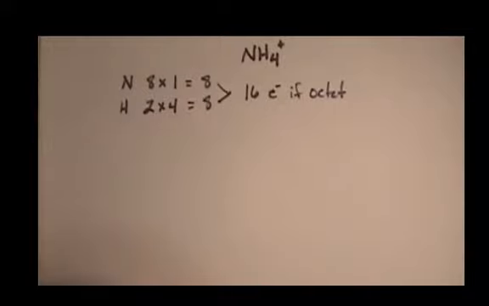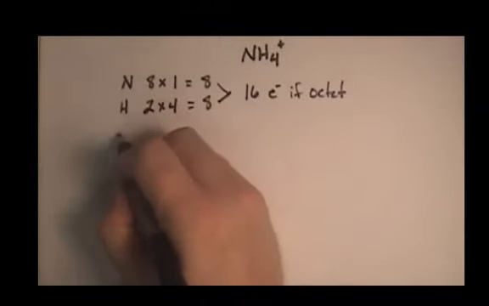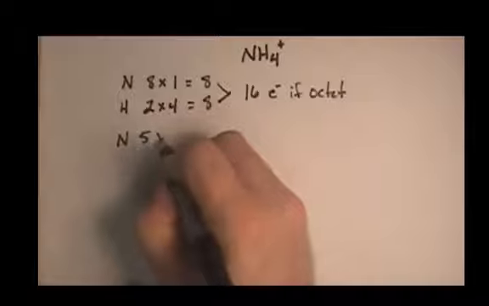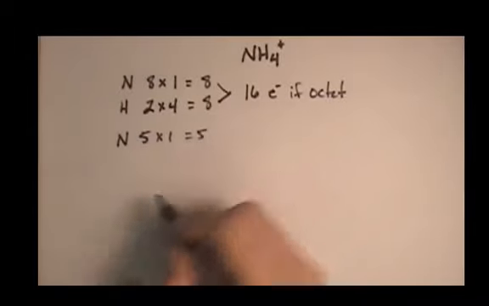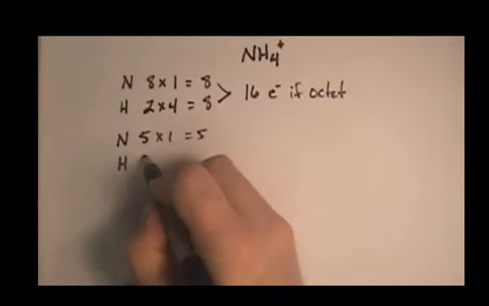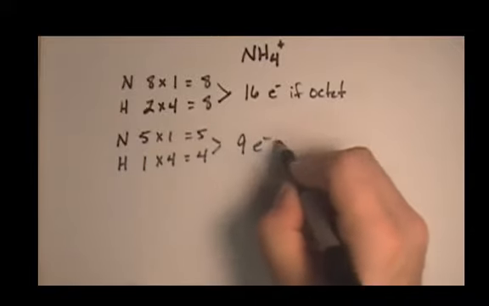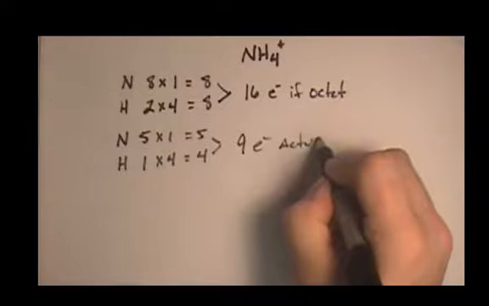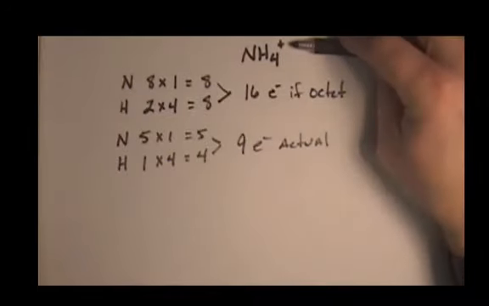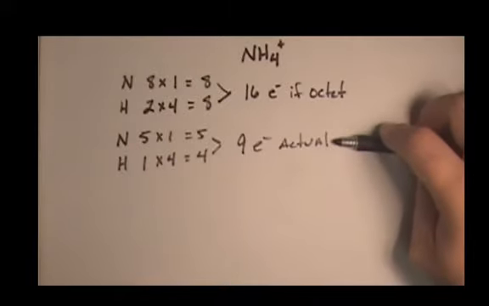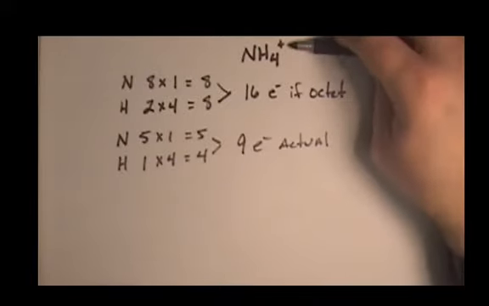We now go through and do the actual number of valence electrons. Nitrogen actually only has 5 valence electrons. The hydrogen actually only has 1 valence electron. That would give us a total of 9 electrons actual. But we're not taking into consideration the fact that this has a +1 oxidation state. Because of that, we need to change this actual value.